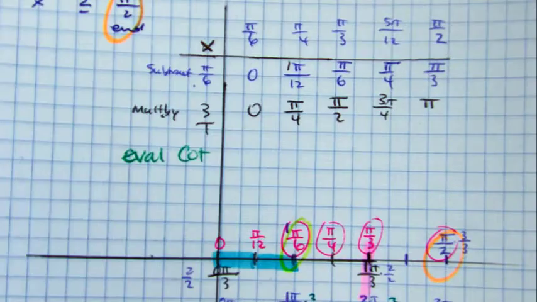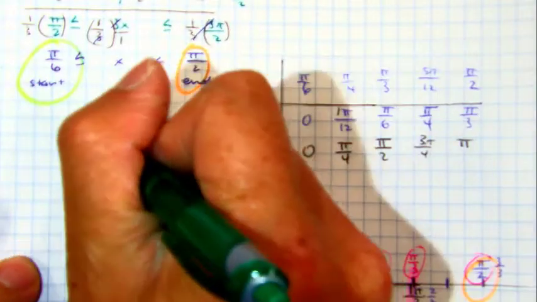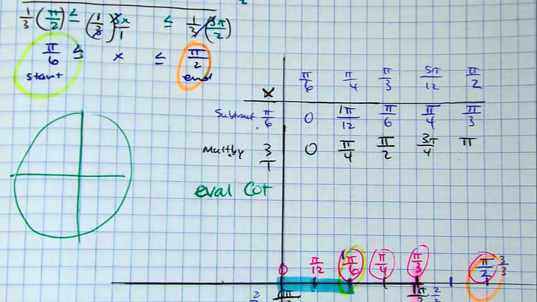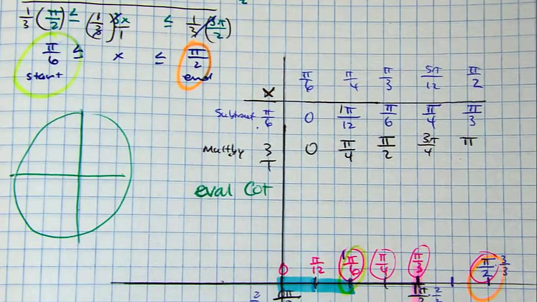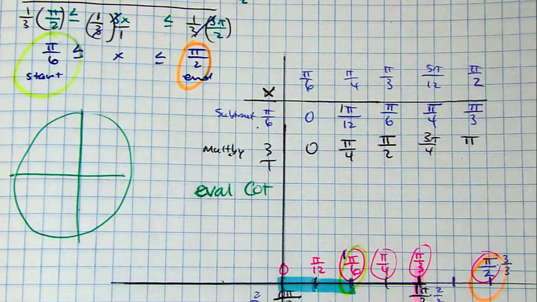Partner A, tell partner B what are the letters for cotangent. Rochelle, what is the letters of cotangent?